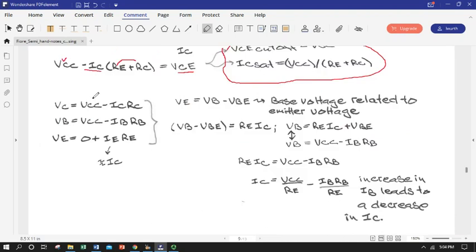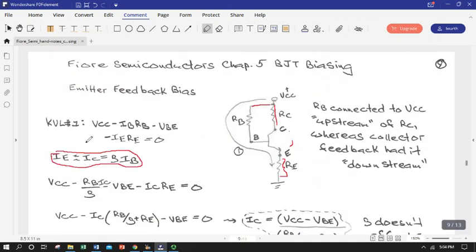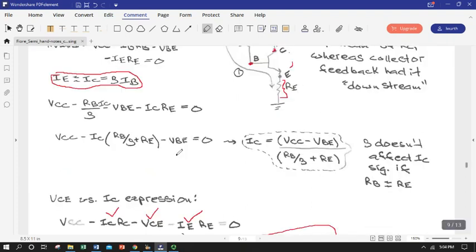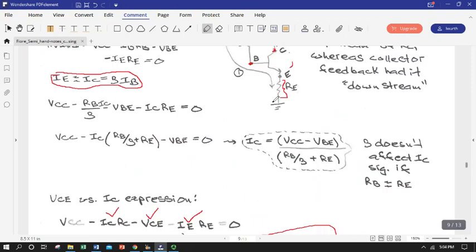Okay, now before we quit with this, let's write some expressions for our collector, base, and emitter voltages in terms of ground and in terms of our supply and currents to get there. So we can look at our voltage at point C in terms of the supply minus the current that flows through R sub C. We can look at our base voltage from the top down: our supply voltage minus the base current times the base resistor.